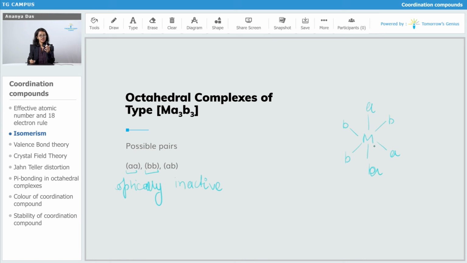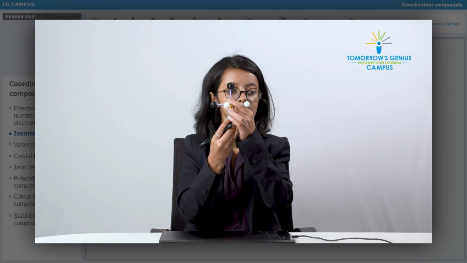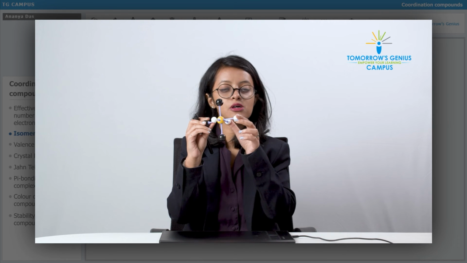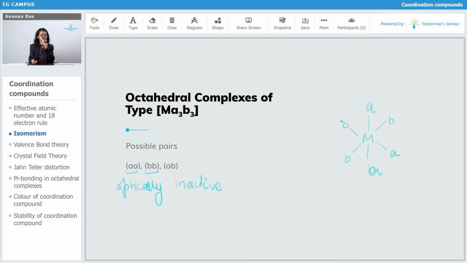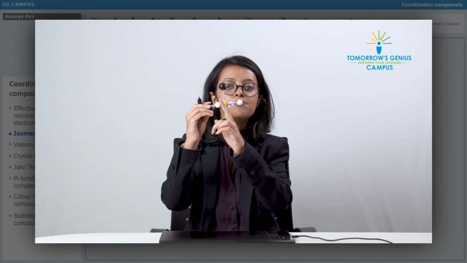Now this A and this A, they are above and below the plane. So this is above the plane and this is below the plane. And the rest of the BB ligands, you see, all of them are on the same plane. This B and this B, all of the three ligands are on the same plane.